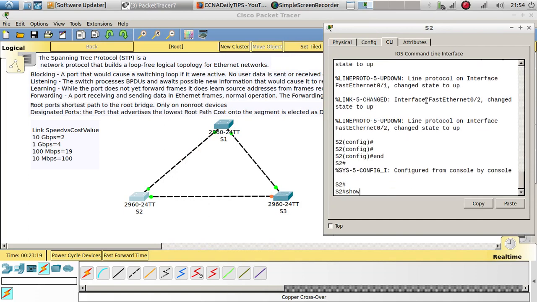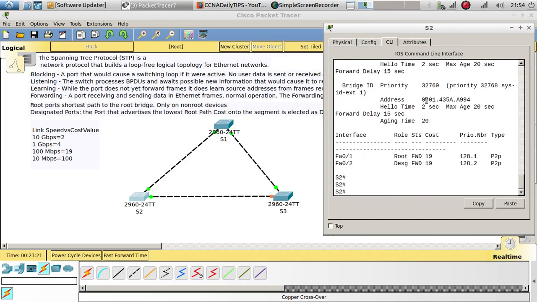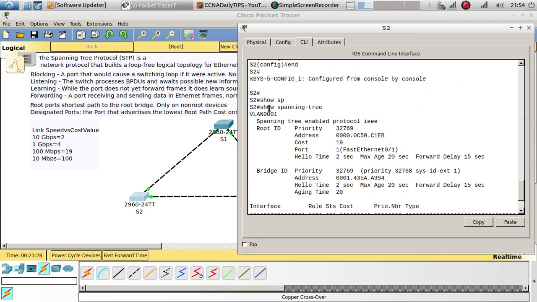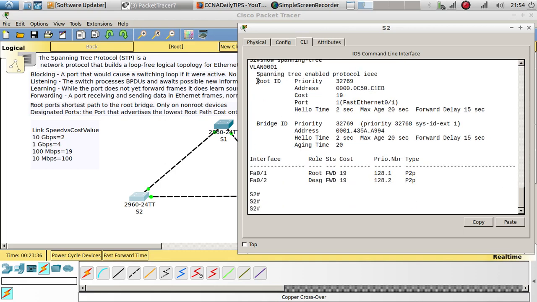Let's go and do show spanning tree, and you can see right here this one is for VLAN 1, because we're only running VLAN 1. So if we come over here, the priority of the root ID is 32769, which is the default with all the switches.